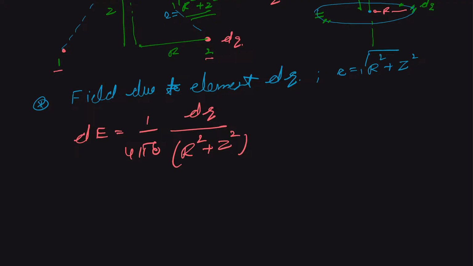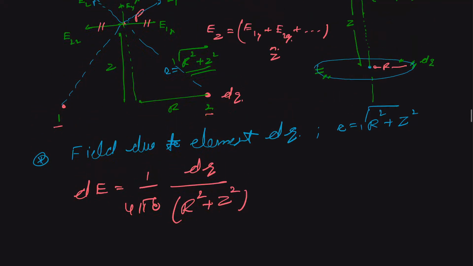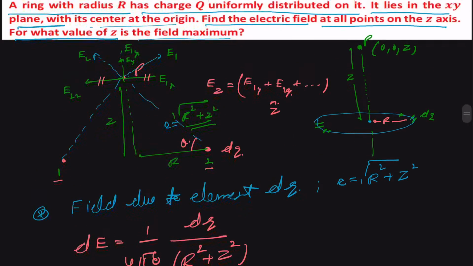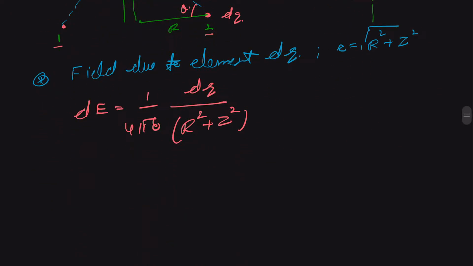So we are only interested in our z component. Let us suppose this angle is theta. Let me sort it out here. So this is our point P and this is our point 2, and this is our r, and this we have taken as angle theta.